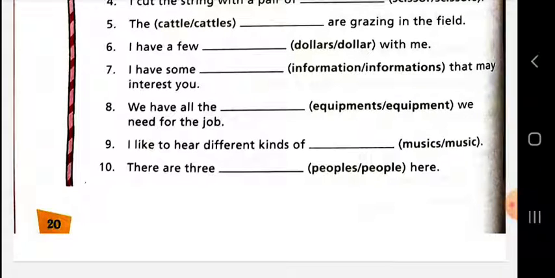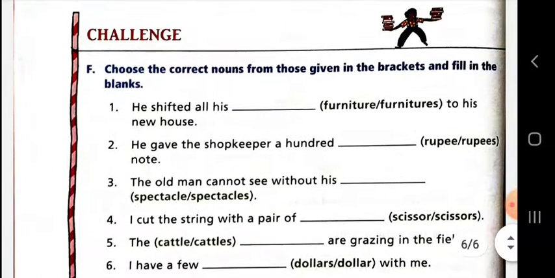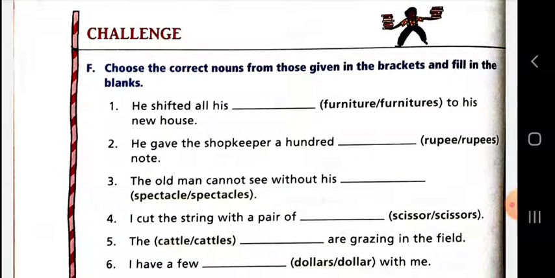If you are unable to solve, then I will help you in the next video. I will give you the correct answers of all these exercises. But firstly, you try to do it by yourself. And dear student, you all have to write all the definitions, rules and regulations of this chapter which we just discussed in your CW copy, and solve all the exercises.